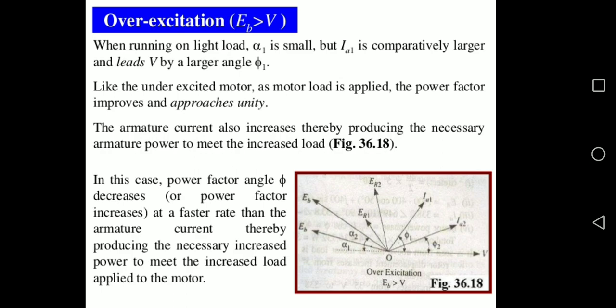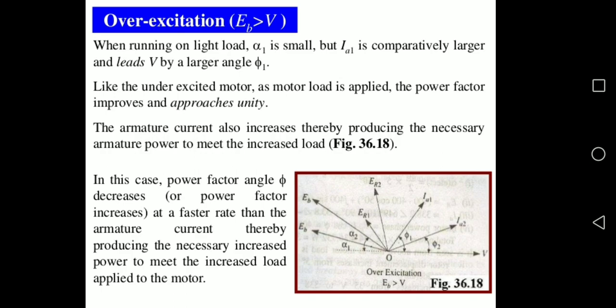Here we should remember, in the over-excited, under-excited and normal excited conditions, see in the figure, V is the supply voltage, the reference voltage. In the vector diagram, V is the only reference. IA1 is there, leading, because of the over-excited condition.